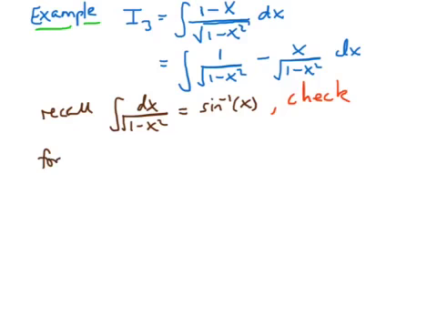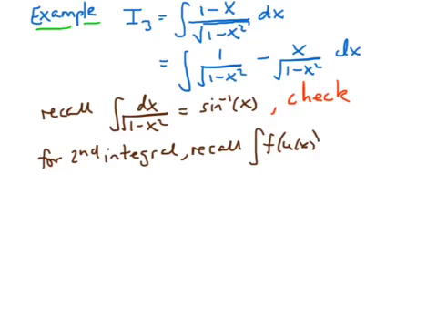So for the second integral, what we want to do is to recall that if we have the integral of a function of a function, multiplied by the derivative of the function with respect to the internal variable, and then integrated with respect to the internal variable, this is just equal to f of u integrated with respect to u.